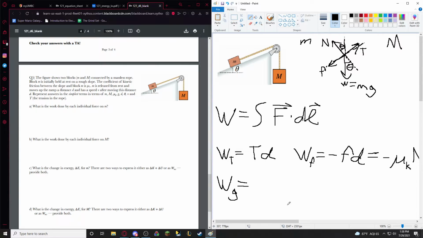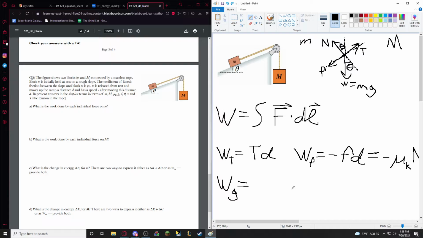Yep, exactly. Because if this is the total distance d here, we have theta, and h would be d sine of theta.